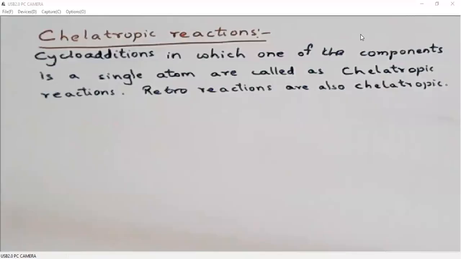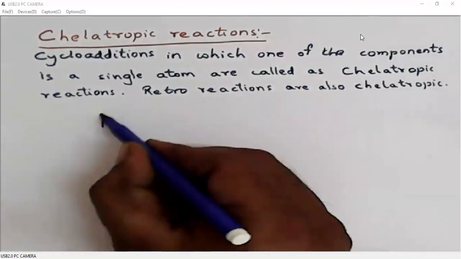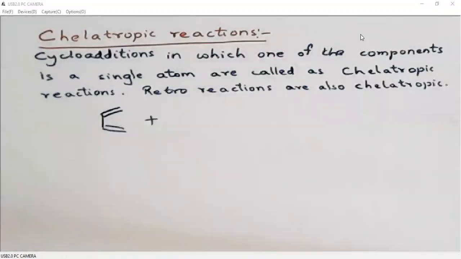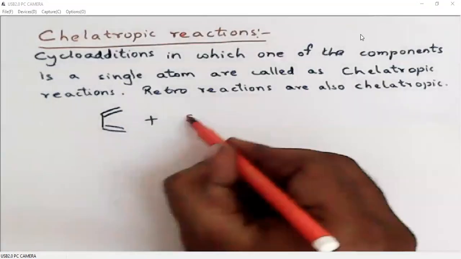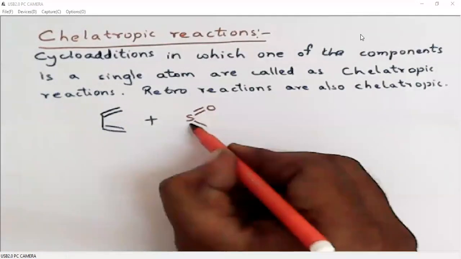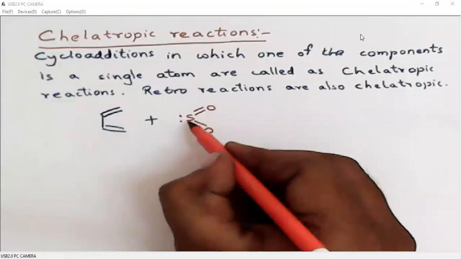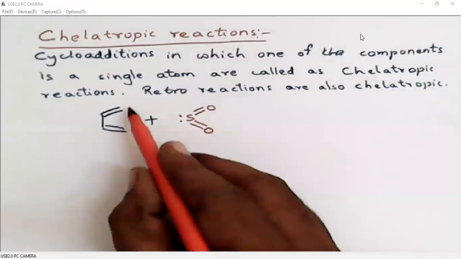Next, we will see cheletropic reactions. What are cheletropic reactions? They are also thermal cycloaddition reactions, in which one of the two molecules is a single atom center. For example, when this diene is reacting with sulfur dioxide, the sulfur atom itself will undergo bond formation across these two ends.